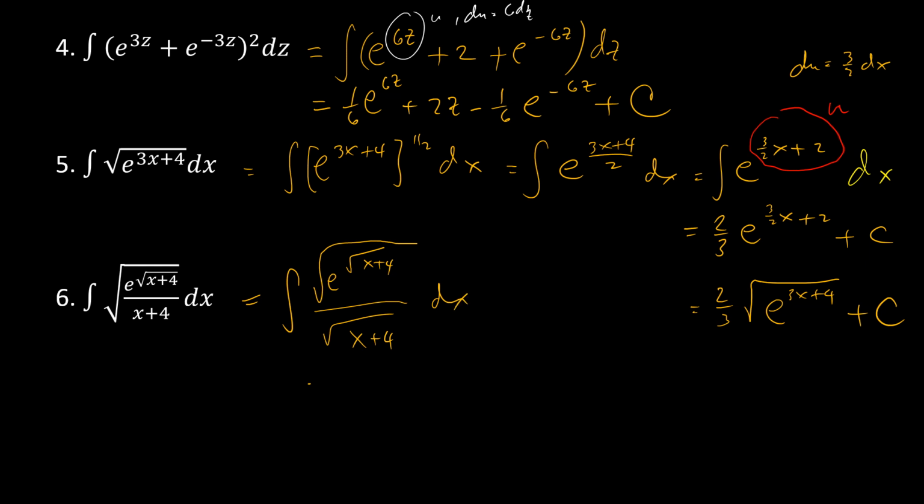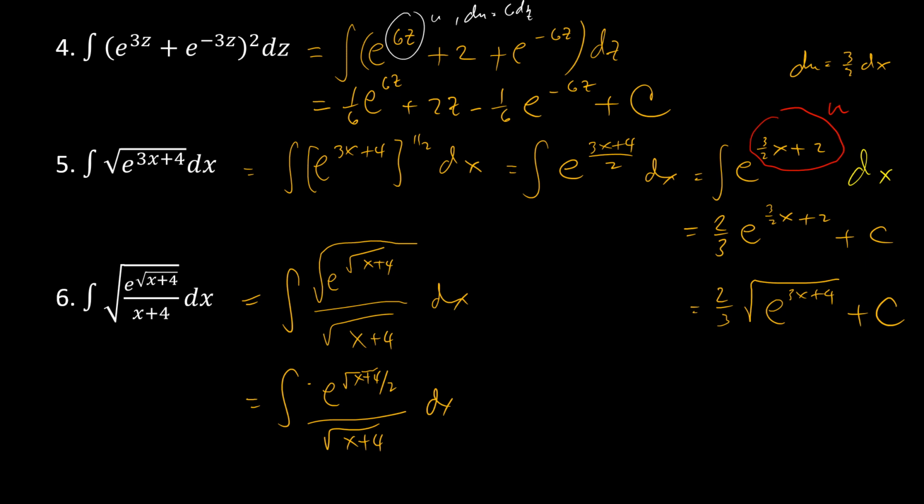Alright, so this part here is e to the u, and then there is a square root. So we can write this as e raised to square root of x plus 4 over 2 all over square root of x plus 4 dx. Okay, there.